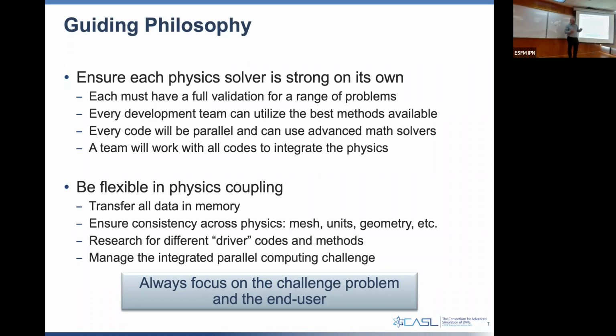So I was passing it every fuel pin at a time, or maybe I'm doing radial rings within a fuel pin. How am I making sure that when I pass you this power and you get the power, it's consistent, that you got the power that I wanted you to get and you used it in the way that was intended?